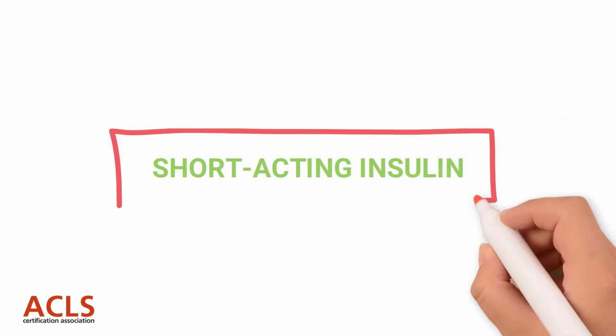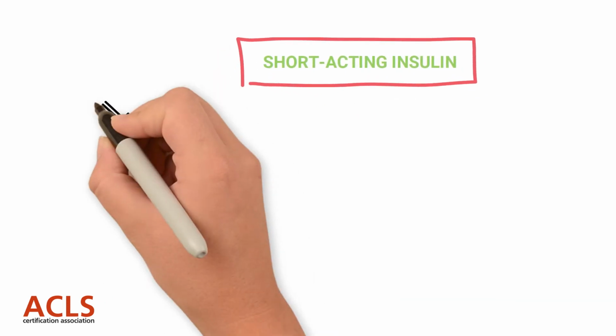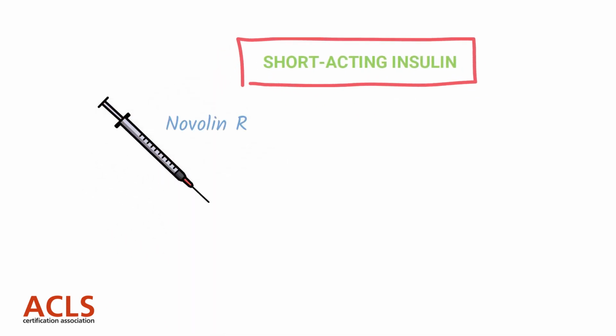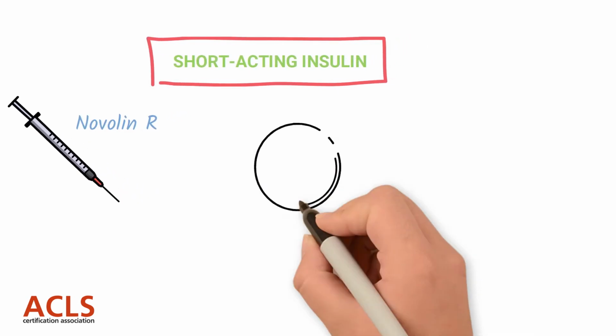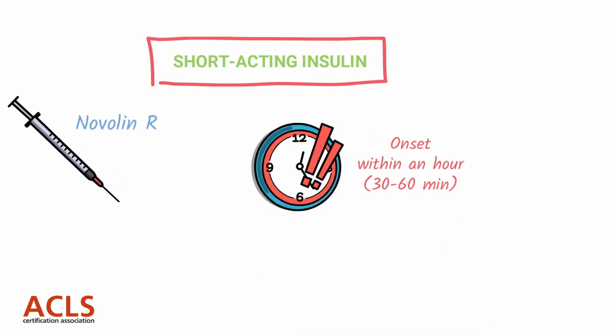Next, we have the short acting. We used to use the short acting or the regular most often, but it seems like most of the hospitals that I'm working in now have switched over to the rapid acting. Now the onset for the short acting is within an hour. Some of them are going to start working within 30 minutes, but all of them will be working within 1 hour of giving that insulin injection.